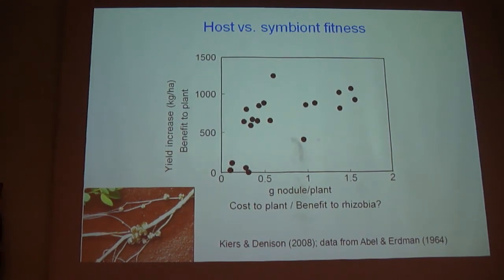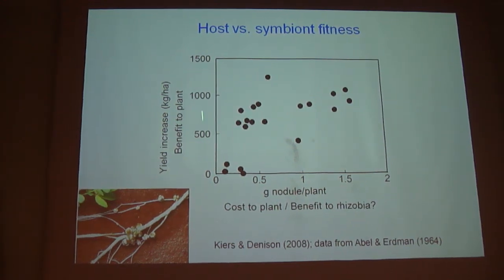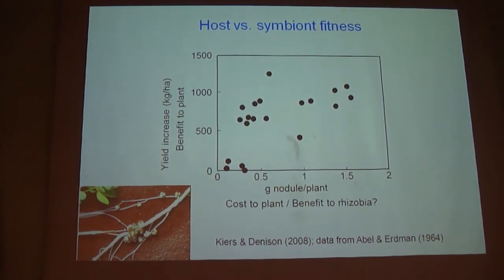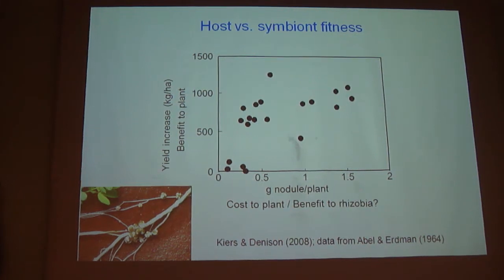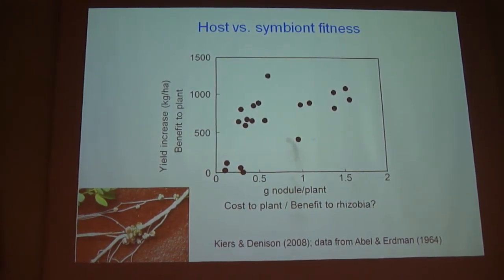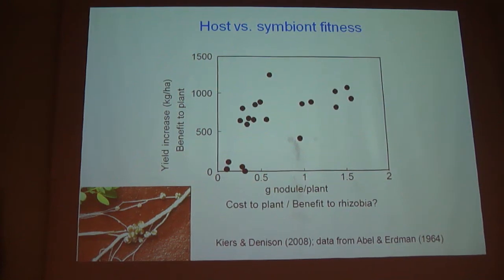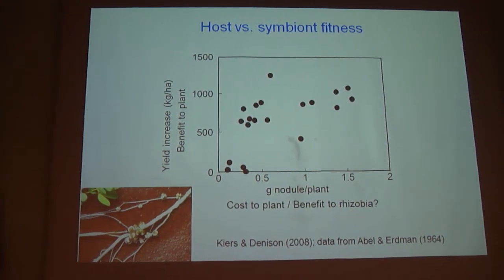They're all inoculating the same plant genotype. The vertical axis is the benefit of the rhizobia to the plant, and that's measured by yield increase with inoculation. The horizontal axis is sort of the benefit of the plant to the rhizobia.